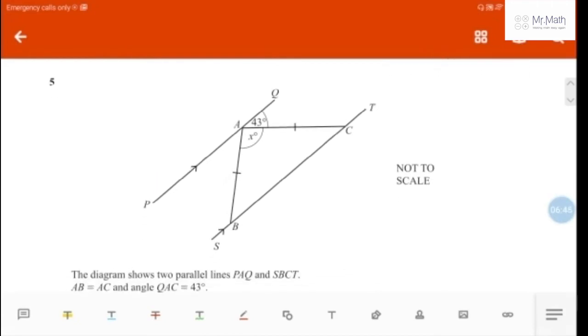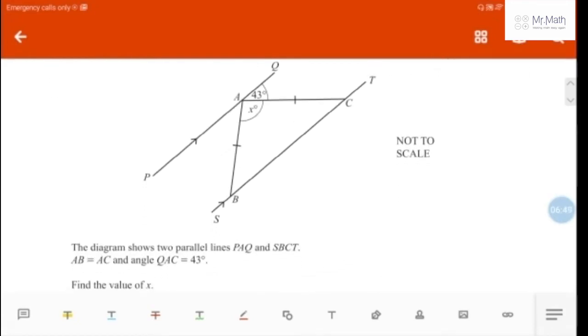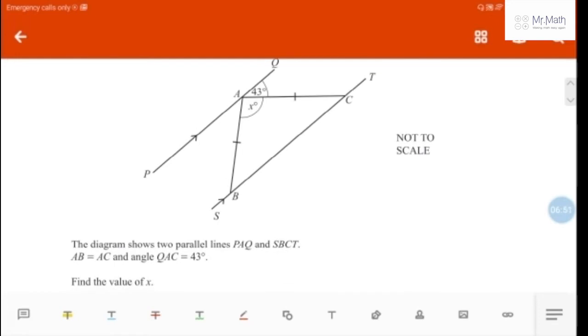Now, let's move to question 5. So it says the diagram shows two parallel lines, PAQ and SBCT. AB equals AC and angle QAC is 43. So I have to find the value of x.